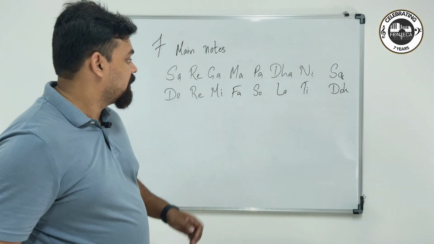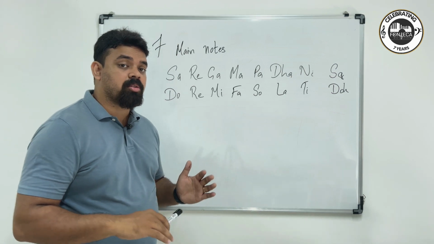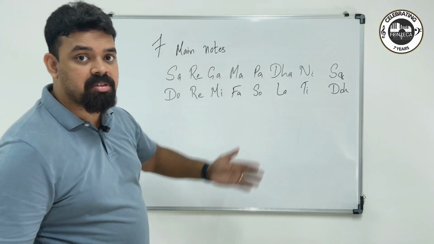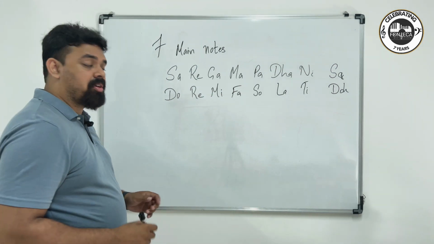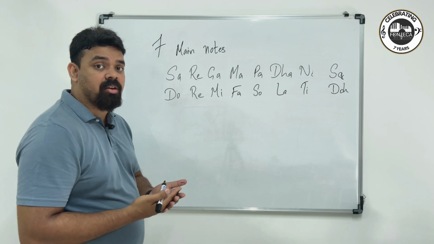Now, for Western music, especially the music theory, we won't be using do, re, mi, fa, nor can we use sa, re, ga, ma, since that is for the Indian classical. So, we have alphabets for this.